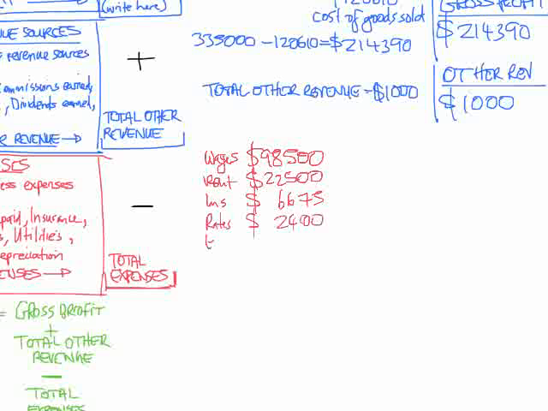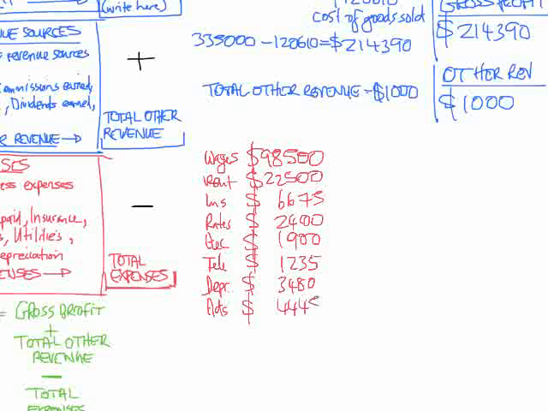Electricity of 1,900. Telephone, that's an expense of 1,235. Depreciation of equipment 3,480. Ads and promotion 4,445. And the interest they paid, interest of 568.